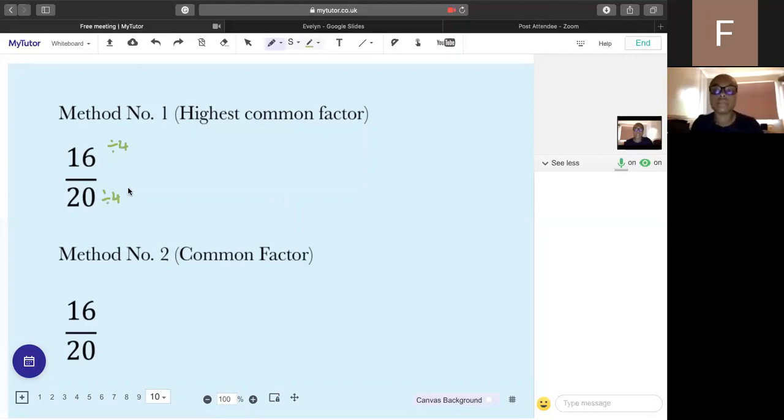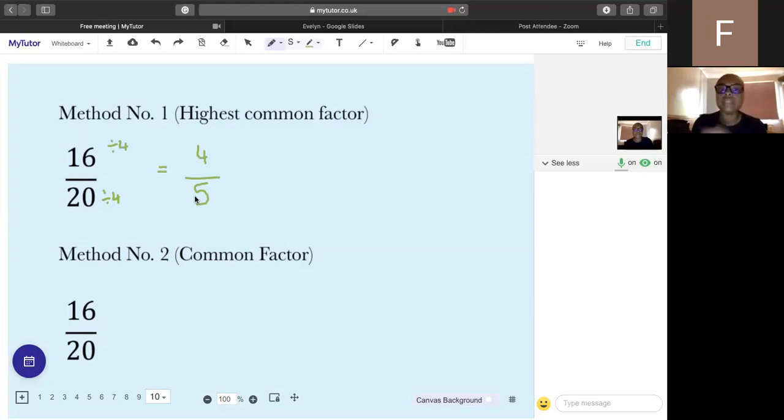Remember, when you're simplifying fractions, you have to do exactly the same thing to your numerator as to what you do with your denominator. So we're going to do 16 divided by 4, which is 4, and then 20 divided by 4, which is 5. And that would be our simplified fraction. That's in its simplest form, because the only other common factor 4 and 5 have is 1, and anything divided by 1 is itself.